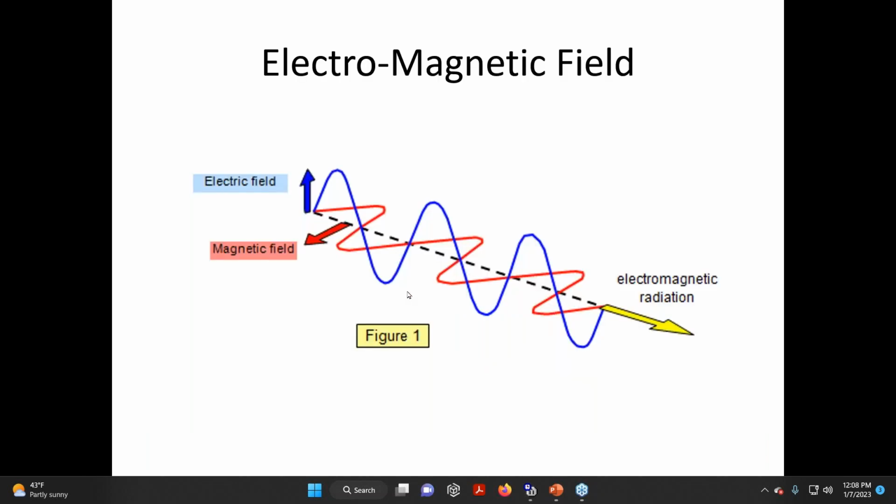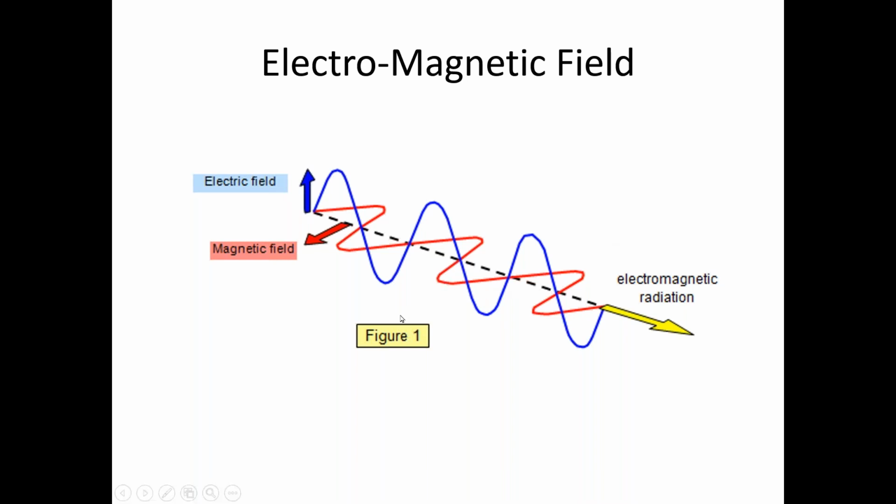Now, this is what this electromagnetic field is. It's something that's created by the interaction of the electric field and the magnetic field. You can see by this diagram, this is at a right angle to the flow. This is at a right angle, and they are at right angles to each other.